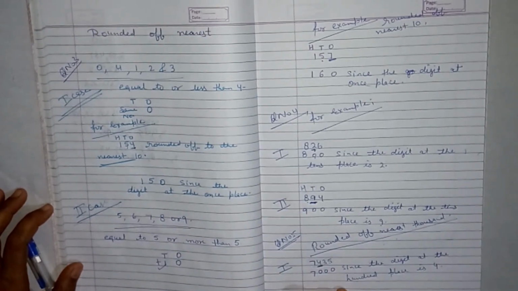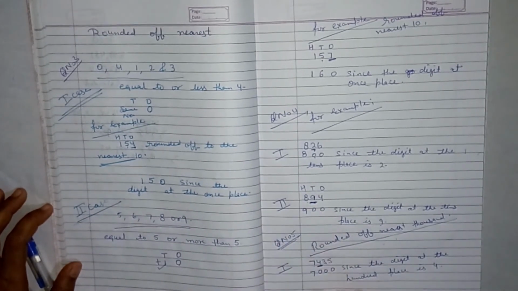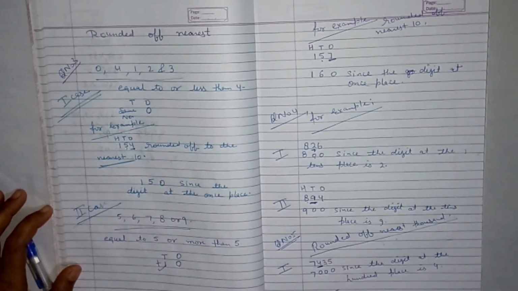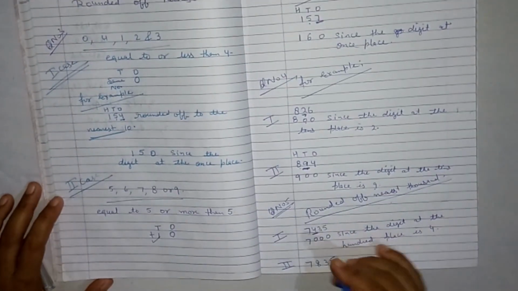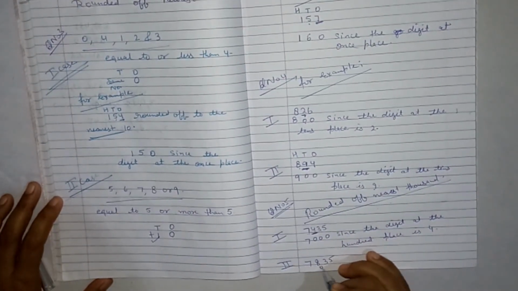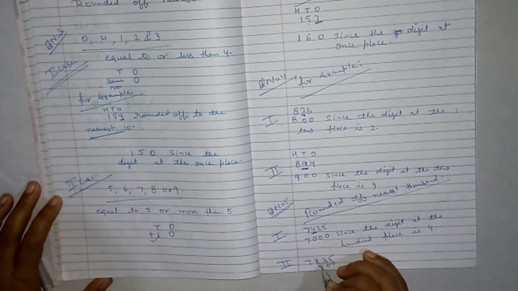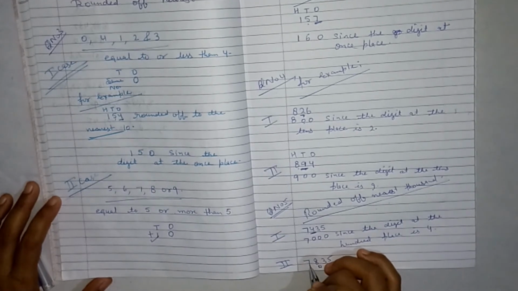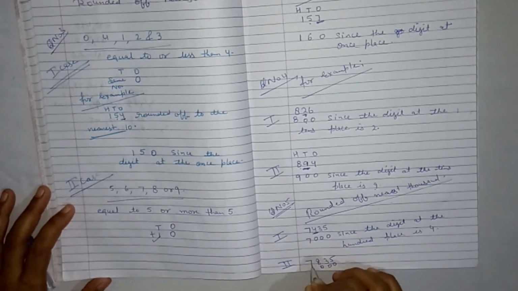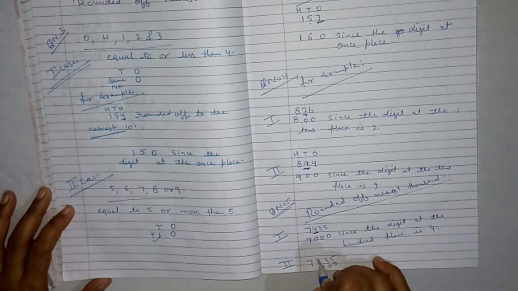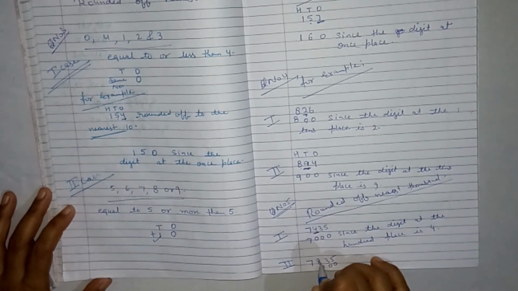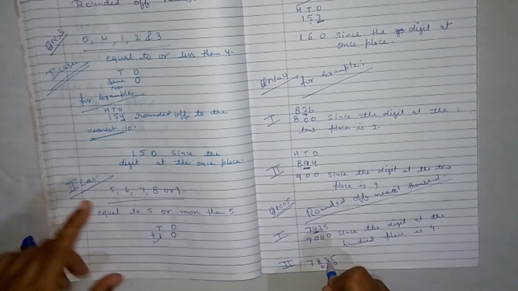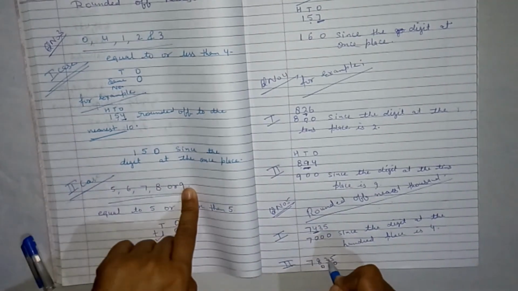And for the second case, if we take 7835, what should happen in that case? There also we will put 3 zeros, at ones, tens and 100, but there will be 1 added at the thousands place. Why? Because the digit is 8, which is more than 5; 8 is considered in the second case, which is 5 or more than 5.